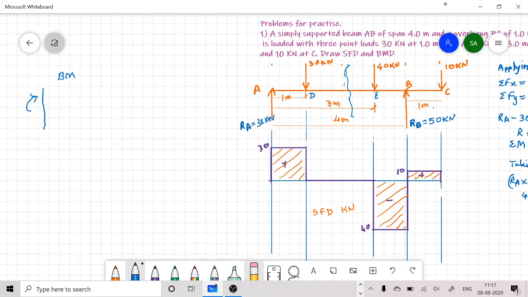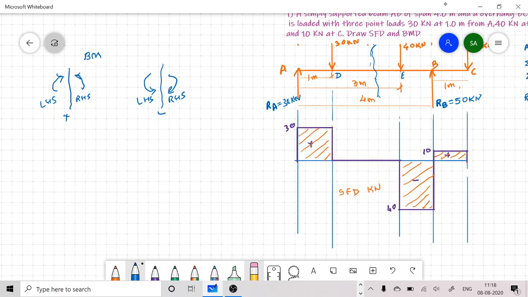The clockwise movement on left hand side and anti-clockwise movement on right hand side positive, and anti-clockwise movement on left hand side, clockwise movement on right hand side negative. So follow this sign convention strictly.